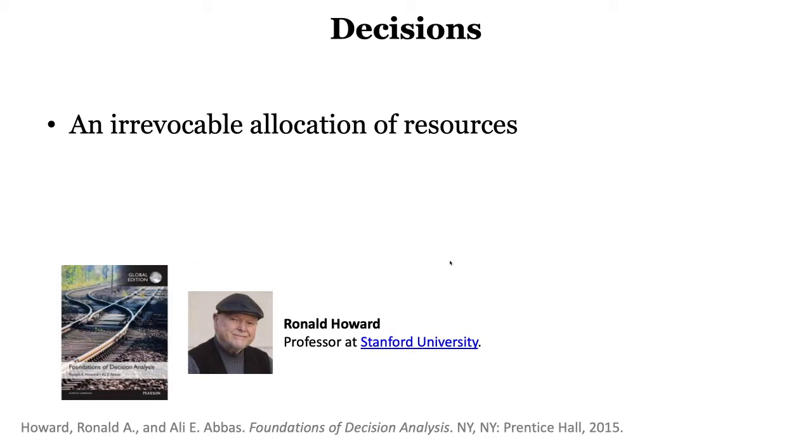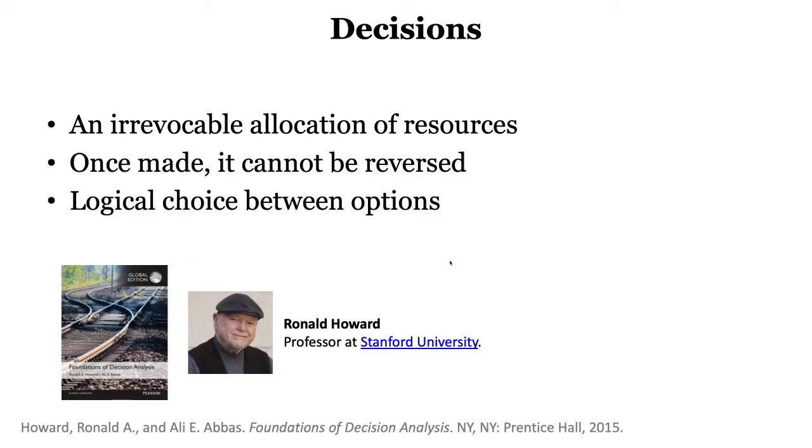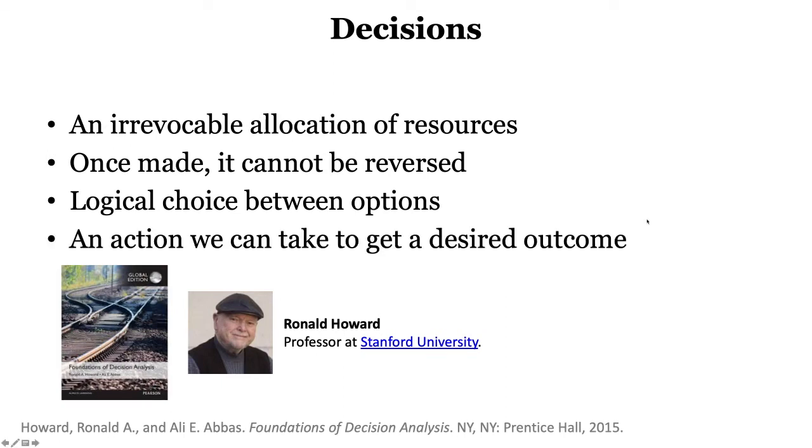In order to apply these approaches, we need to identify a decision, and a decision is an irrevocable allocation of resources. Once made, it cannot be reversed, and it's a logical choice between options. And it's an action we can take to get a desired outcome.